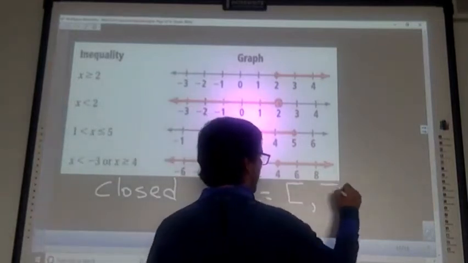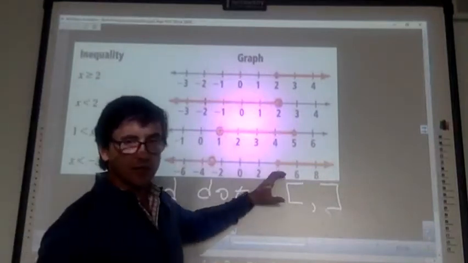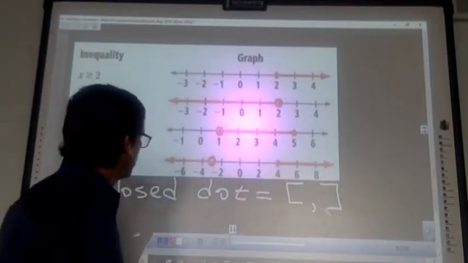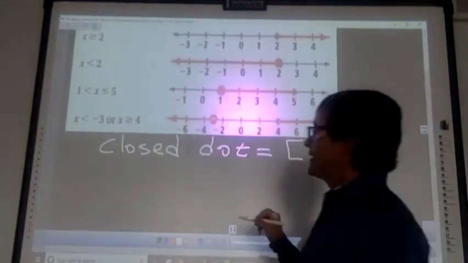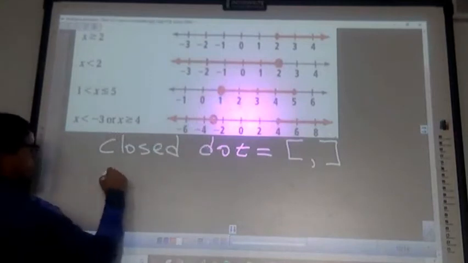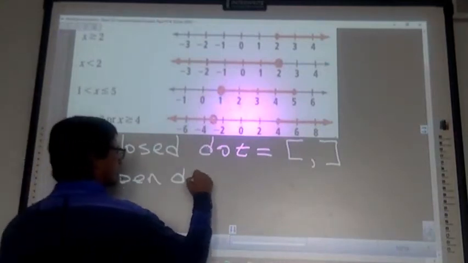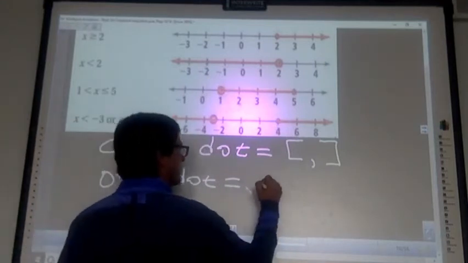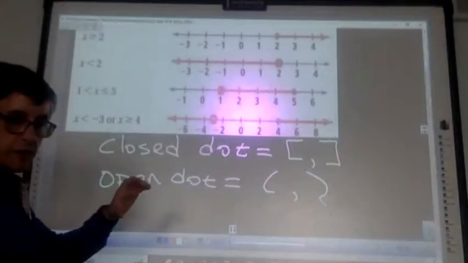I'll tell you about which way the bracket faces in a minute. A bracket is squared off, not curved. So closed dot is a bracket, open dot is always a parenthesis. So curved versus squared off.